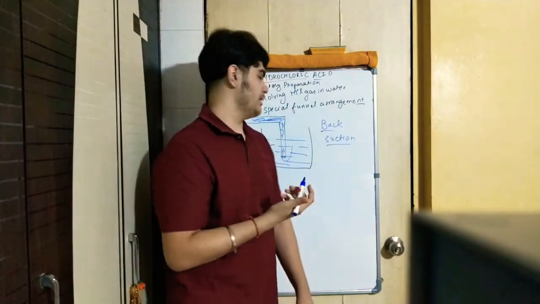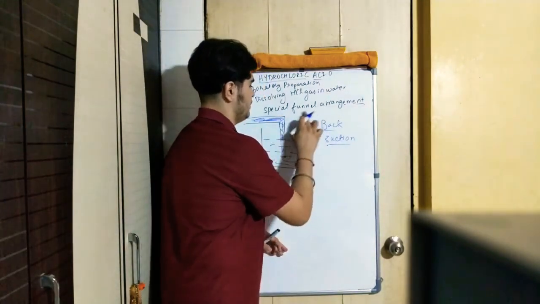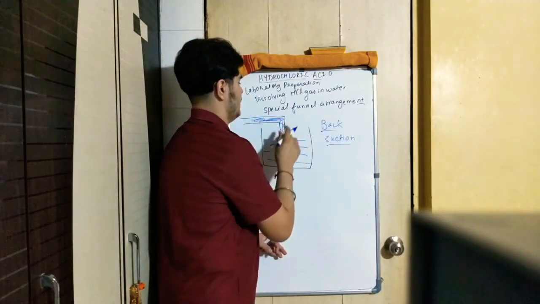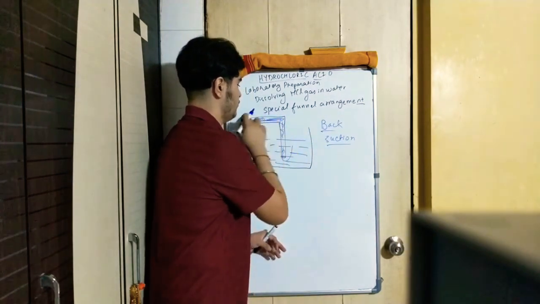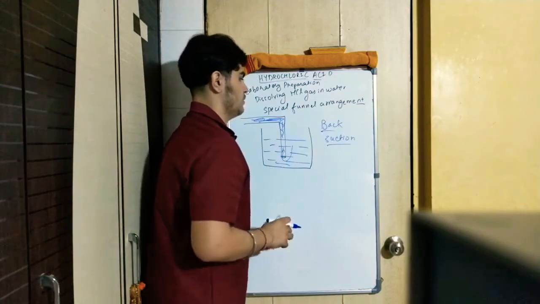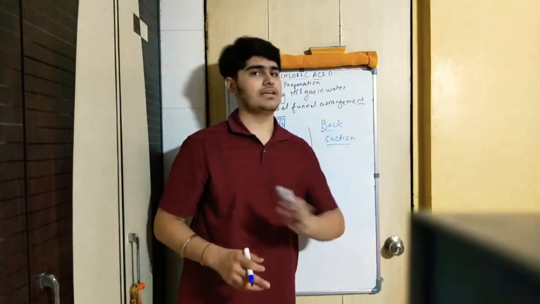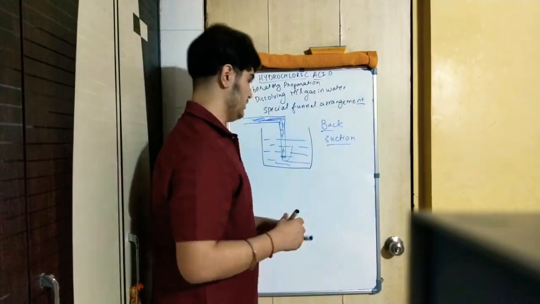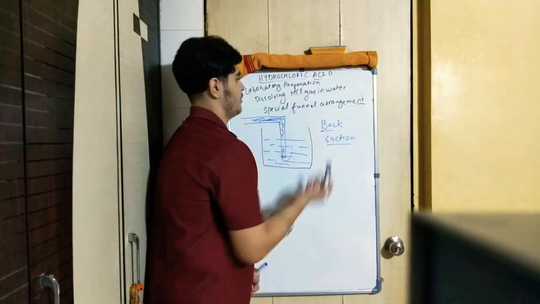as HCl gas is highly soluble in water, the pressure here becomes more and here less. So the water goes inside and passes through the funnel. This is how back suction occurs, and this method is not done in this way. This requires a special funnel arrangement.